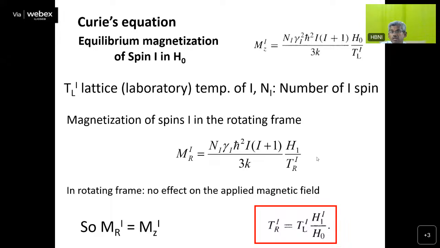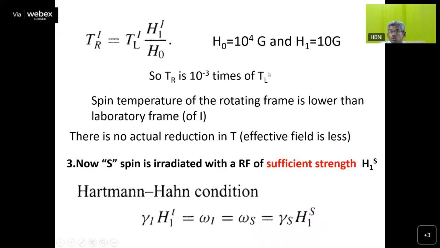So H1 is nothing but the magnetic field coming from the applied 90-degree pulse, and H0 is nothing but the static applied magnetic field. H0 is nothing but HL only, the lattice or laboratory frame field, which is almost 10 raised to 4 gauss, whereas H1 is about 10 gauss.